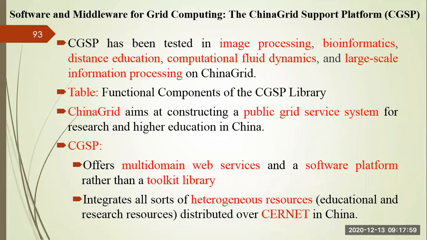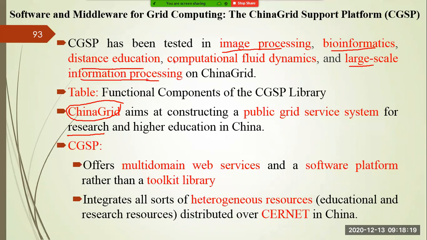Now, China Grid aims at constructing a public grid service system for research and higher education, because researchers require high computational power that may not be provided by a single organization. So if a platform like China Grid is provided, then they can do such applications, right? Especially PhD students and researchers can work on projects which require more computational power, which is provided by our China Grid.